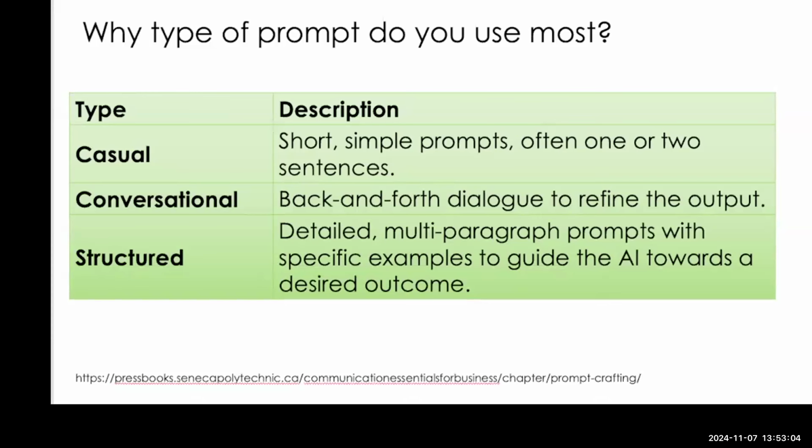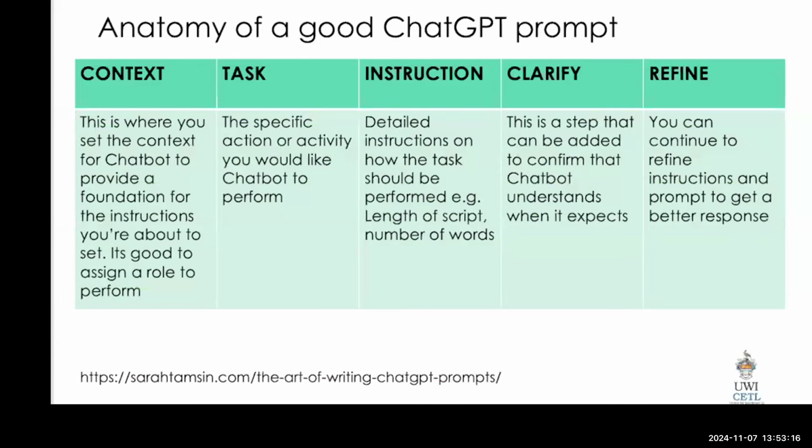Now, as academic writers, the one that would help you most is the structured prompt. When we say structure, we mean looking at it from this point here. All right. So a prompt is specific input, as we mentioned, given to the AI to model or initiate or trigger its response.